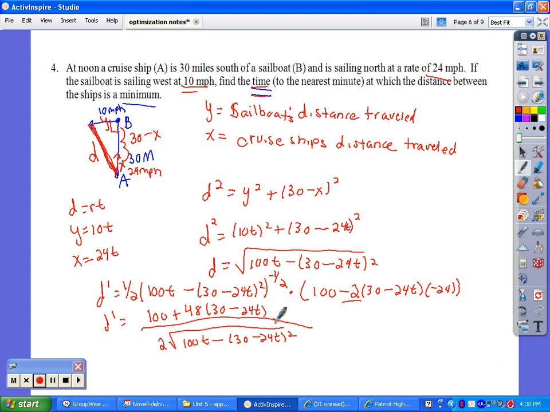And then if I multiply this out and simplify, I get 48 times 30, which gives you 1440, and 48 times negative 24, which is 1152t, all over this 2 square root and then everything under the square root.